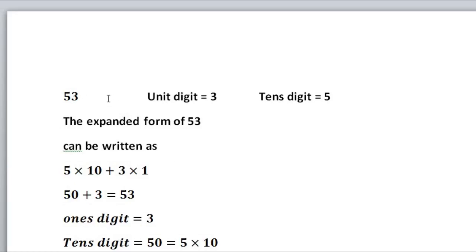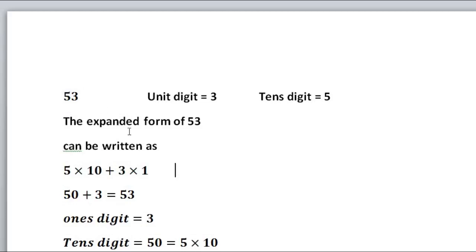The number 53 has its unit digit 3 and the tens digit 5. The expanded form of 53 can be written as 5 times 10 plus 3 times 1. We multiply 5 by 10 because 5 is the tens digit, and we multiply 3 by 1 because 3 is the ones digit of the number 53.